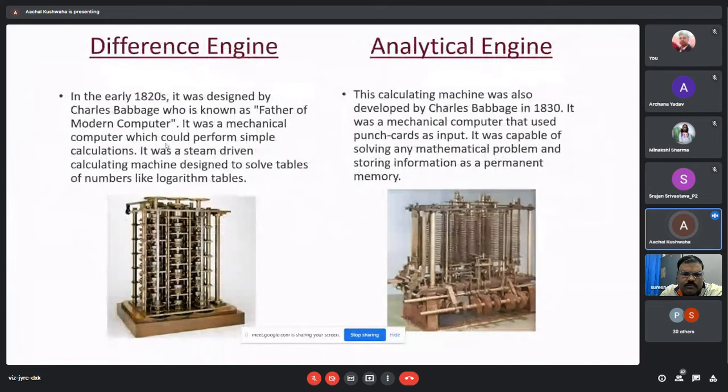Then Charles Babbage, also known as the father of the modern computer, in 1820 introduced the difference engine. It was a steam driven calculating machine designed to solve tables of numbers like logarithm tables. Then in 1830 Charles Babbage introduced the analytical engine, which was capable of solving problems and had a permanent memory too. It used punch cards as input.